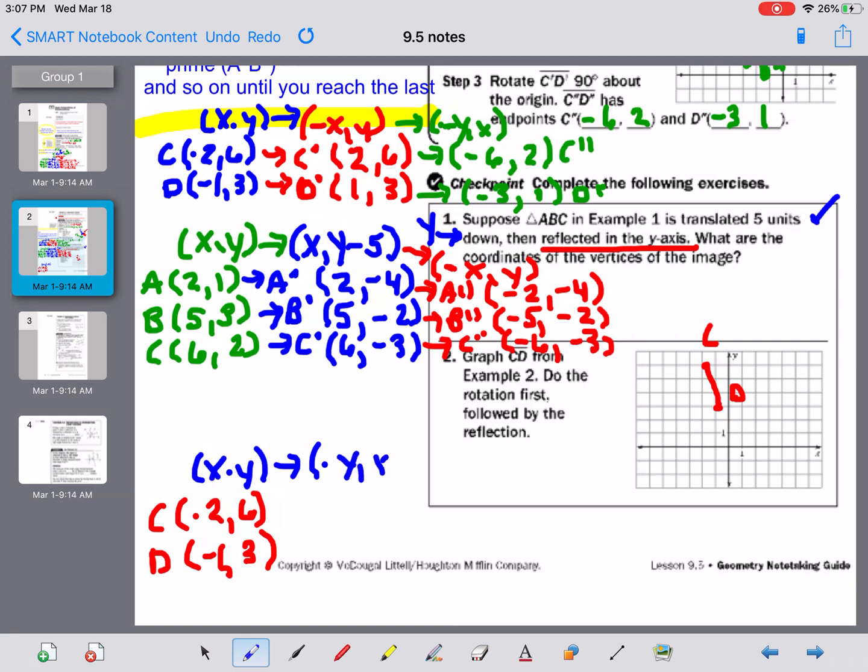So for my negative y, I take my 6 and make it opposite so it becomes negative 6, and my x just flips to the back, so negative 2. And for D, I bring my y, which was 3, go opposite, make it negative 3, bring it to the front, and my x of negative 1 flips to the back. I'm going to call those my C prime and my D prime. So go ahead and graph those.